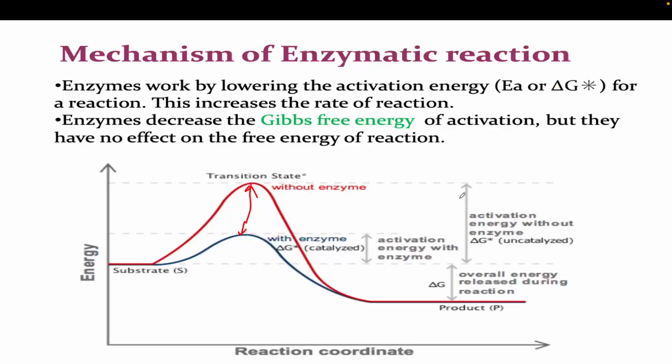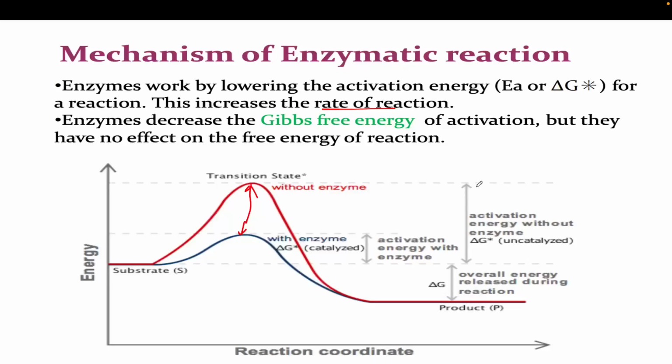Here you can see the difference between with enzyme and without enzyme. You have to remember that the enzyme can increase the rate of the reaction, but it decreases the Gibbs free energy of activation, the activation energy. But the overall free energy here, this is the overall free energy, will be the same.